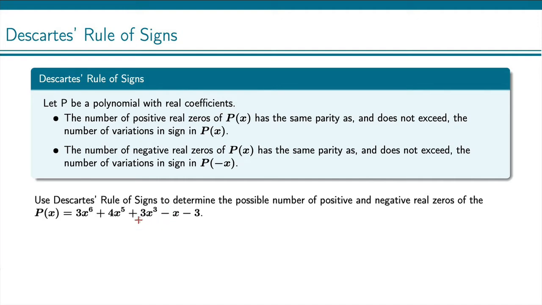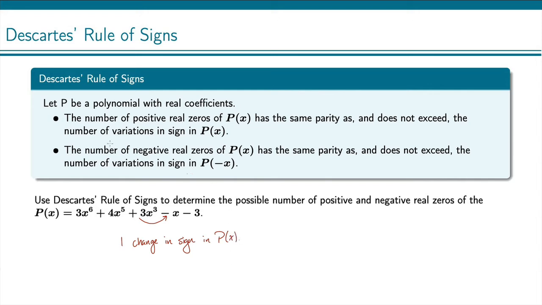But then from -1 to -3, there's no change either. So there's one change in sign. So we would write that one variation in sign in p of x.